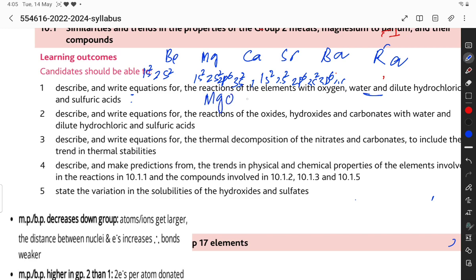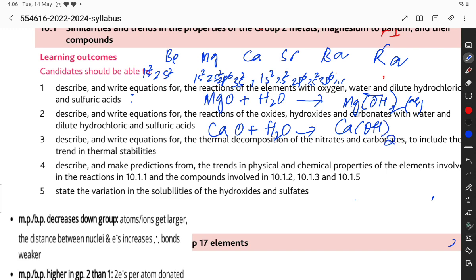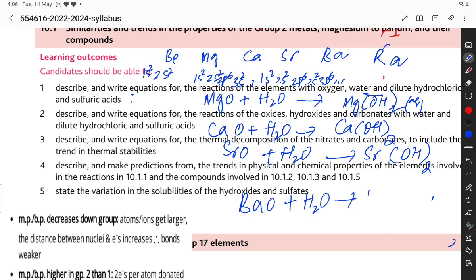Magnesium oxide with water gives magnesium hydroxide; calcium oxide plus water gives calcium hydroxide; strontium oxide plus water gives strontium hydroxide; and barium oxide reacts with water to form barium hydroxide. The solubility of the hydroxides increases down the group.